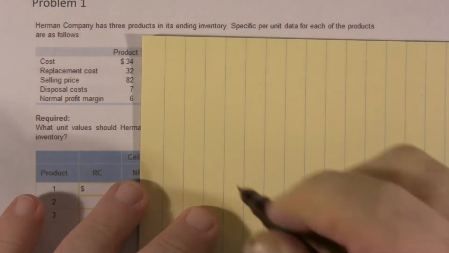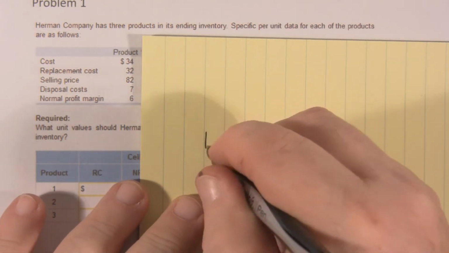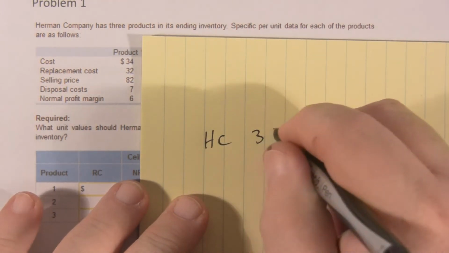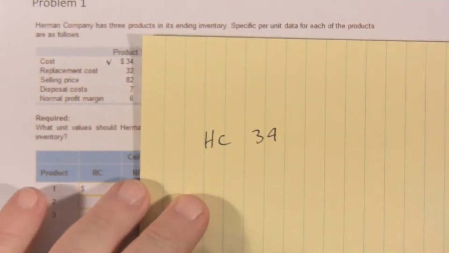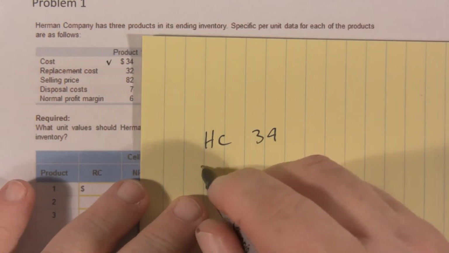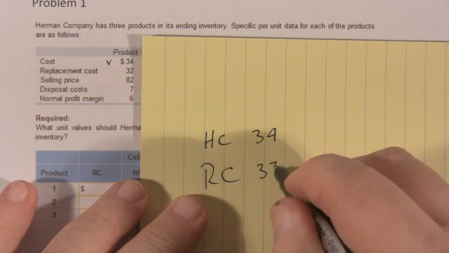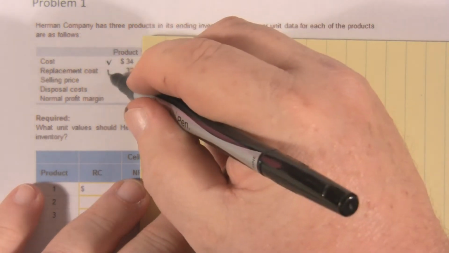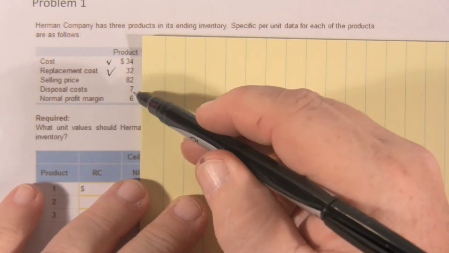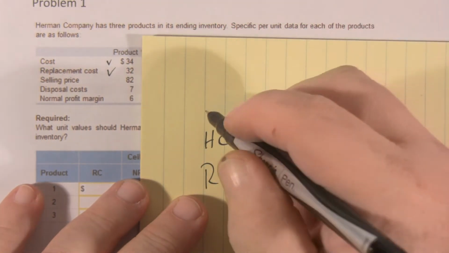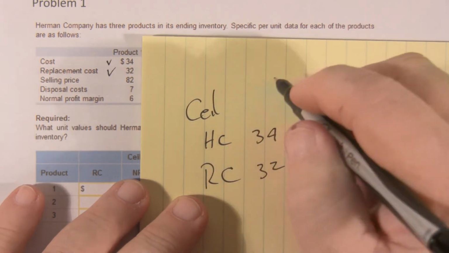We're told that our historic cost was $34. Our replacement cost was $32. Our selling price minus normal profit is $75, so that's our ceiling.